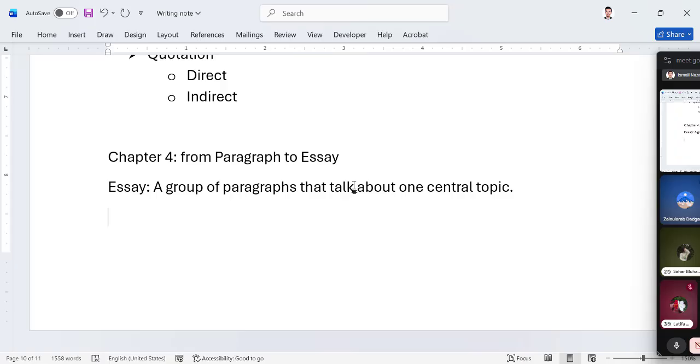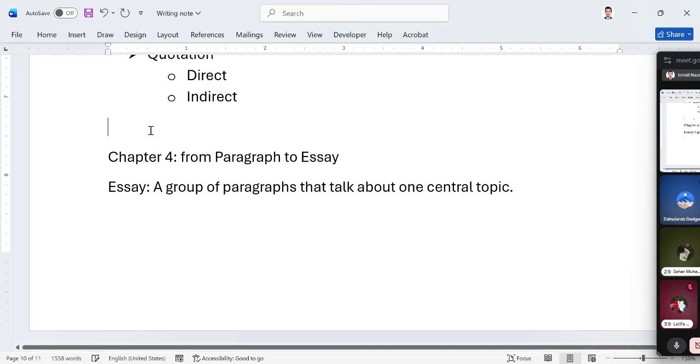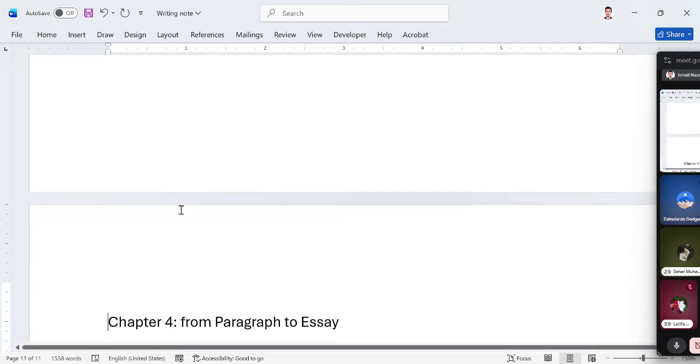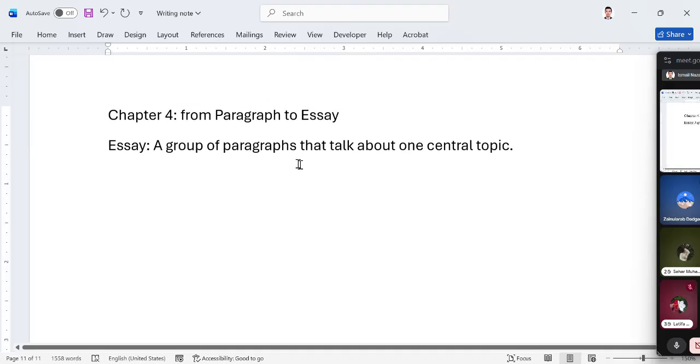You have mentioned that they might have a specific purpose: to argue, to describe, to define, and so on. So it might be considered as the purpose of the essay. So basically, that's what we have as an essay itself: a group of paragraphs that talk about one central topic. It is called an essay.